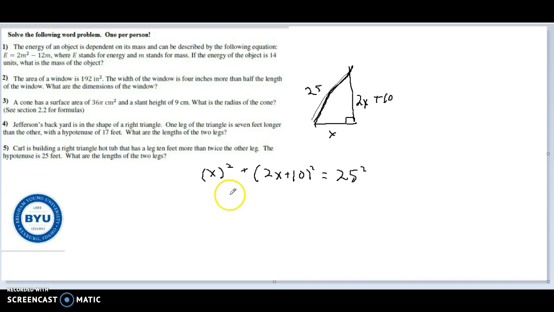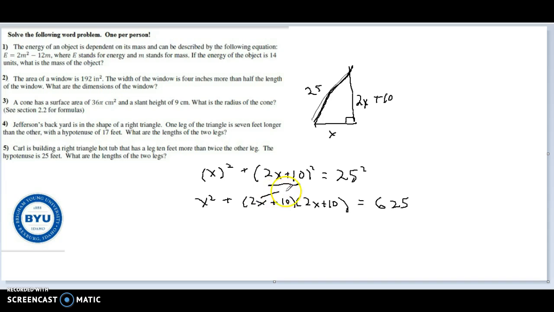So now let's use the distributive property to expand this. So that means 2x plus 10 times 2x plus 10. And 25 squared, I know is 625.